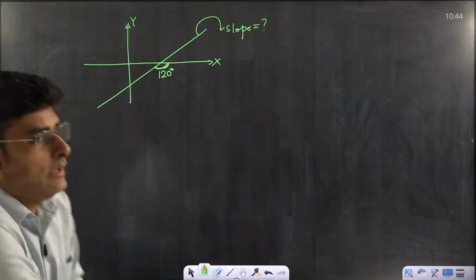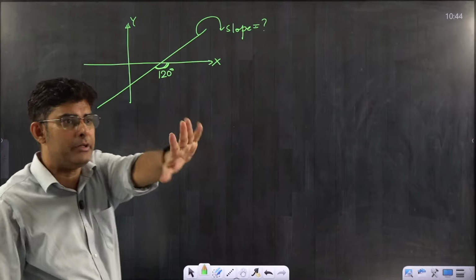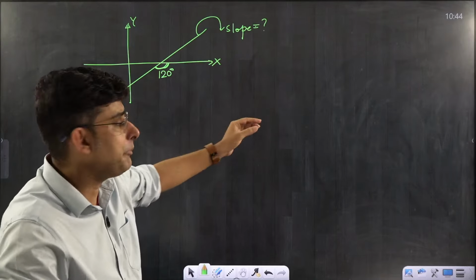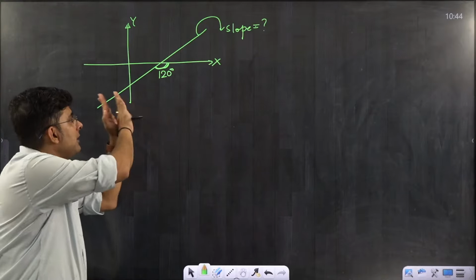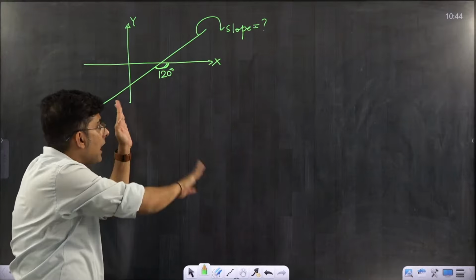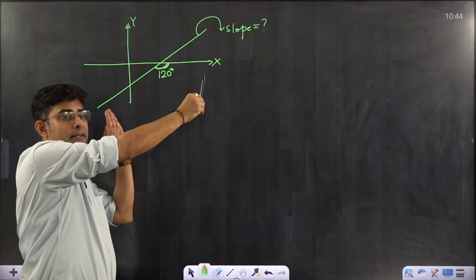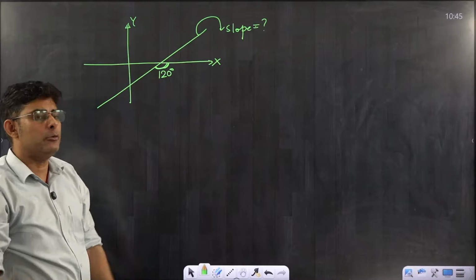Now, just wait, we had seen that slope is positive, because think that you are going towards the x-axis, try going like this. If you go like this, is the line coming down or going up? You have to move along the x-axis, so see the line is going up. If it is going up, then how can the slope be negative?